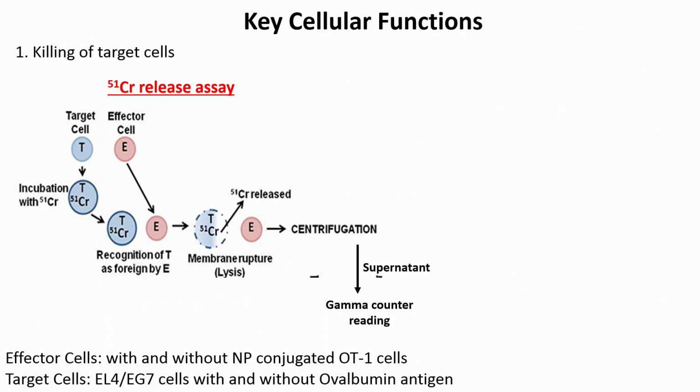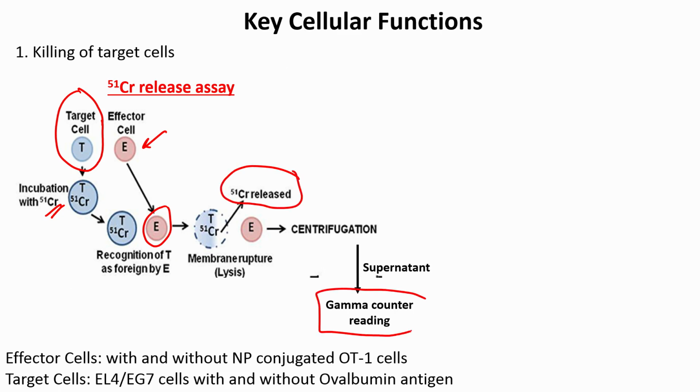Then they looked at whether it can kill the target cell. So, in this case what they have done is they have taken the target cell, they have cultured the target cell in presence of a radioactive molecule, chromium, and then they went ahead and used these cytotoxic cells, in this case represented as E. If these cells can kill it, then it will cause release of this radioactive compound, which you can then assess by gamma counter reading.